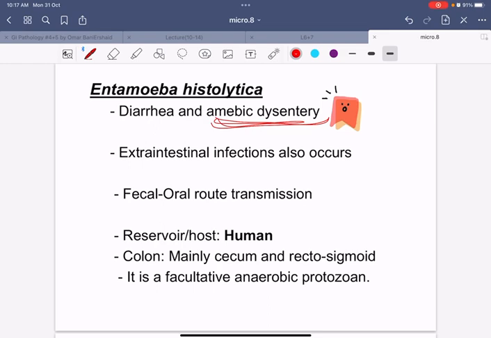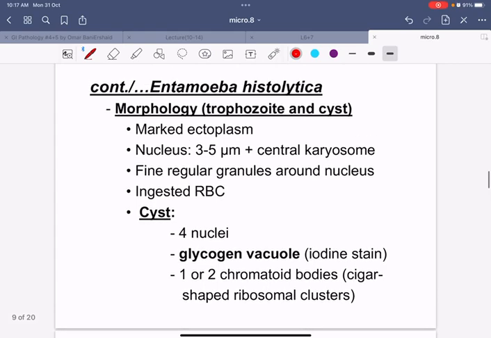Morphology now of the trophozoite and the cyst. Let us start with the trophozoite. Marked ectoplasm from endoplasm, differentiated. Clear? Nucleus 3 to 5 micron with central karyosome. I have mentioned it, but just here to summarize. Fine regular granules around the nucleus. Ingested RBC. This is characteristic of Entamoeba histolytica trophozoite.